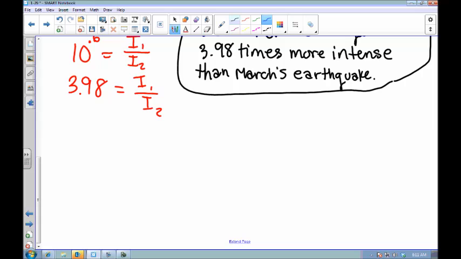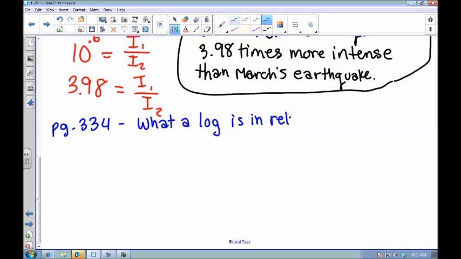Now we're going to draw on our notes so that we understand what these logarithms are representing. We're going to show what a log is in relation to exponentials.